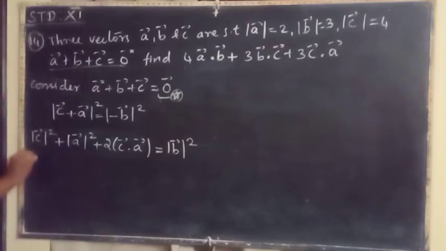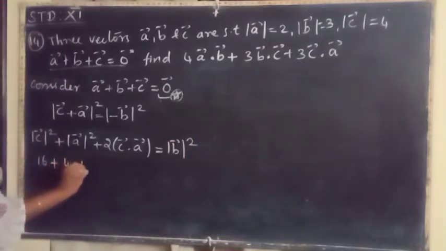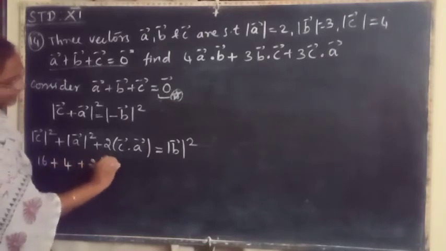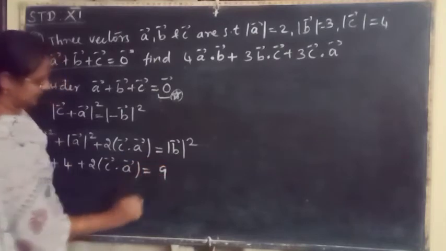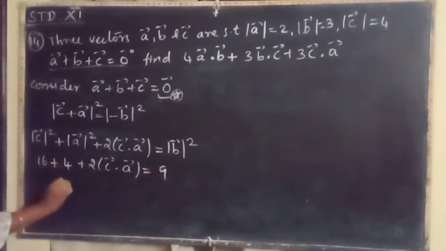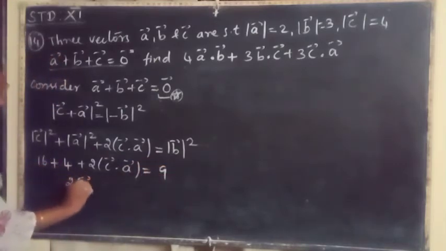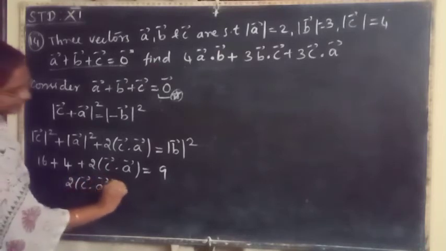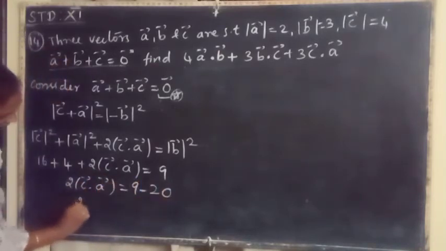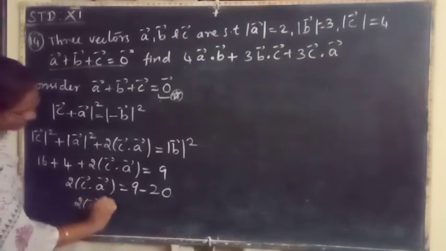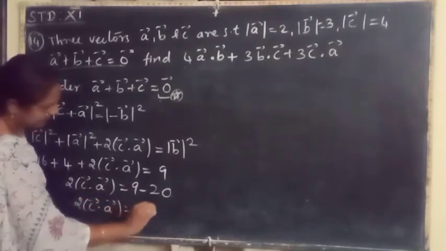Yes. So now substitute 16 plus 4 plus 2 into c vector dot a vector is equal to, what is this? 9. So now 16, 20, isn't it? So 2 into c vector dot a vector is equal to 9 minus 20. So what will I get? 2 into c vector dot a vector equal to minus 11.